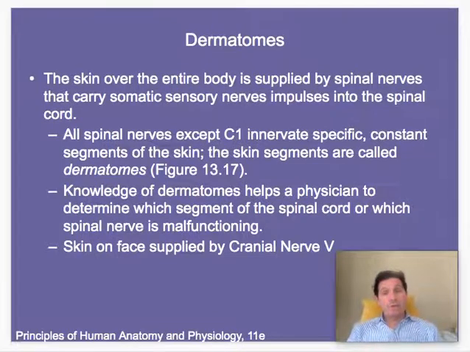Now, one of the things that also comes into play is something called dermatomes. Dermatomes are related to the nerves, and they also relate to areas of the spinal cord. So logically, you have a portion of the nerves coming out, and it affects that area of the skin and that area of the body.